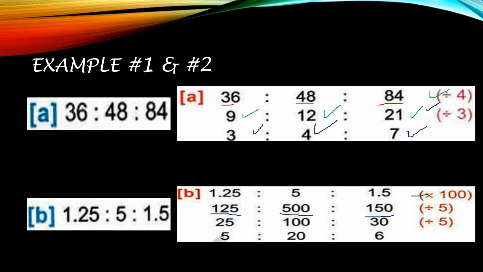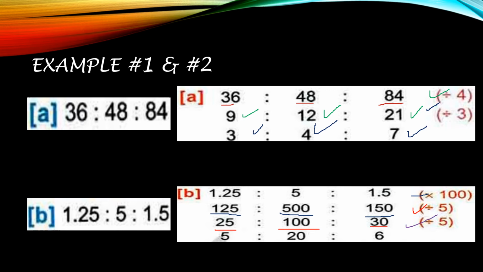Now we don't have a problem because the three terms are all whole numbers, easy to deal with. We can notice that all three terms, 125 to 500 to 150, are divisible by 5. So 125 divided by 5 is 25, 500 divided by 5 is 100, and 150 divided by 5 is 30. Now 25, 100, and 30 still aren't in their simplest form because they are all still divisible by 5.